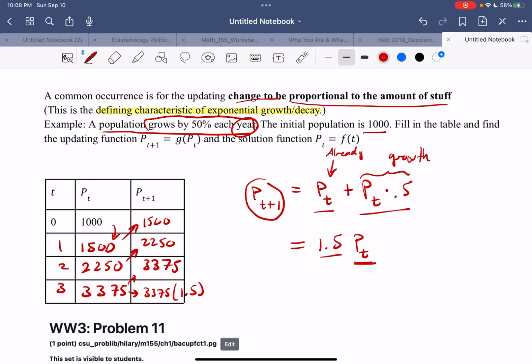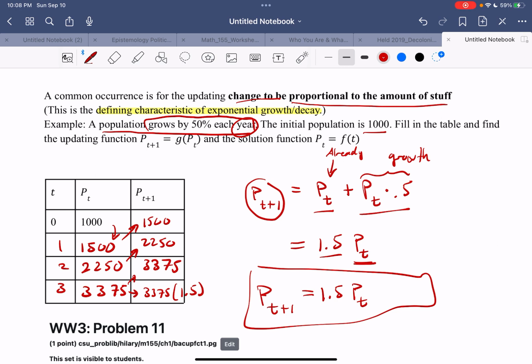Okay, so the updating function is what we do to update our list. It's this algorithm here. We call it an updating algorithm if you'd like. Whatever your current measurement is, you multiply it by 1.5, that's going to be your new measurement, right? That is how we updated it.